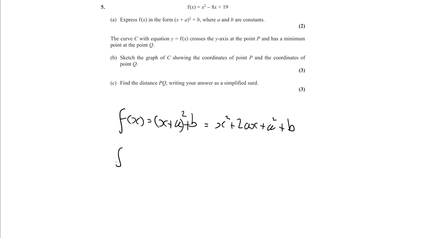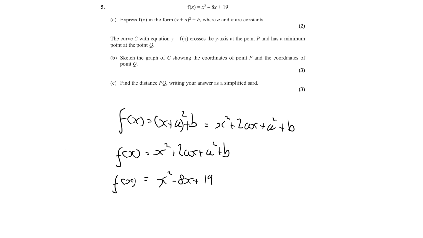So we have f(x) = x² + 2ax + a² + b. We also have f(x) = x² − 8x + 19.